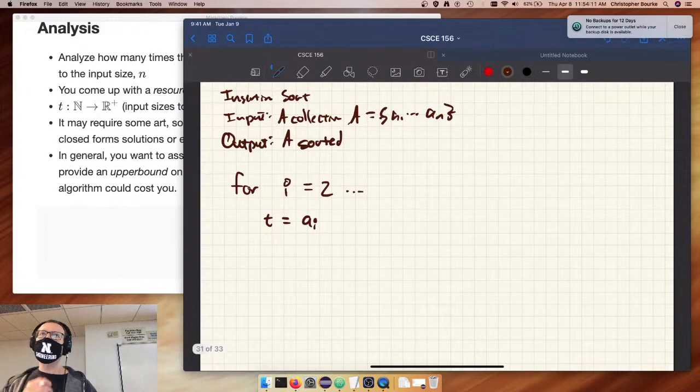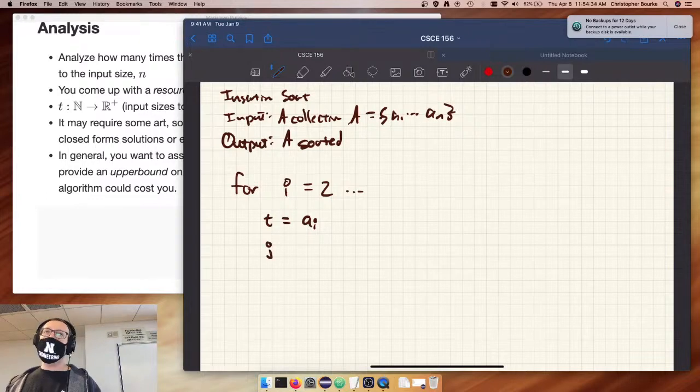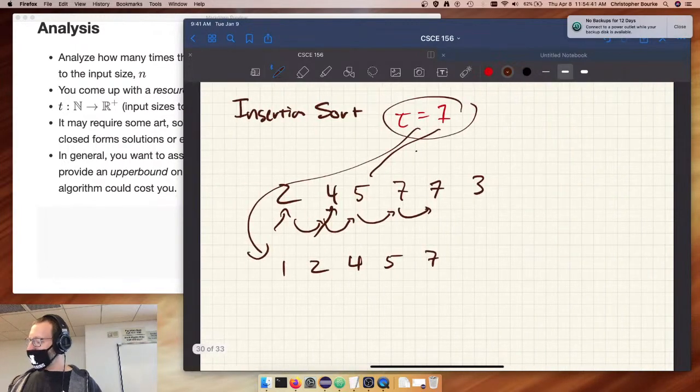Now what? I'm going to look at all the other elements and shift them over as long as they are greater than or equal to maybe, or strictly greater than the temporary variable. Shift things over, shift things over, shift things over. Okay? To do that, I need another index variable here, j. Where am I going to start looking at things? When I did 3, there's a sub i.